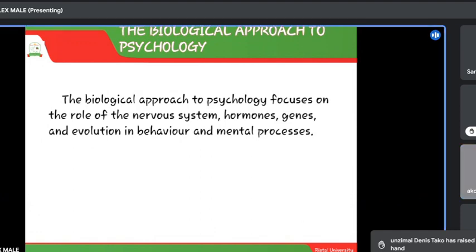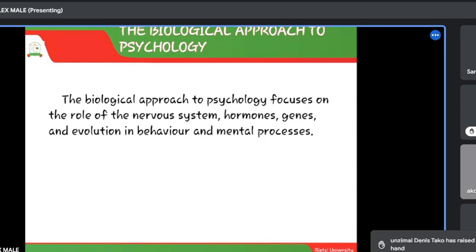Beginning with the biological approach, the biological approach to psychology focuses on the role of the nervous system, hormones, genes, and evolution in behavior and mental processes. In other words, the general body functioning, the physiology of the body. Is the body functioning normally?